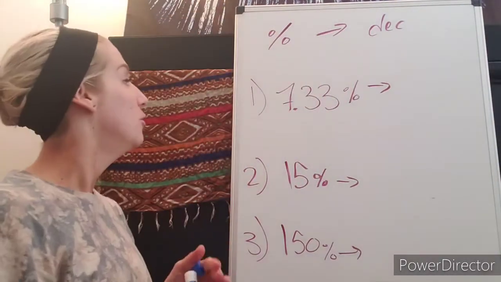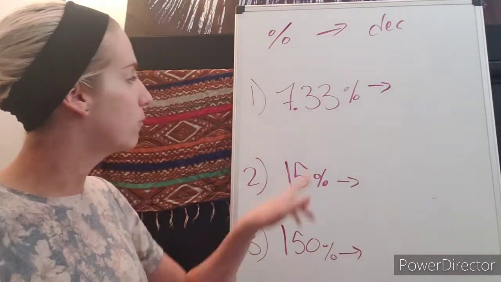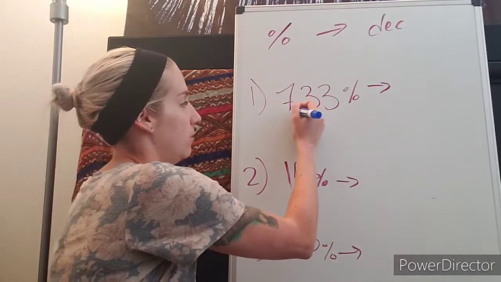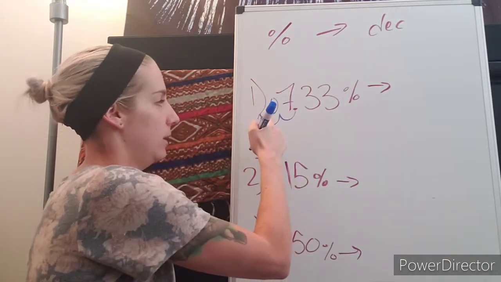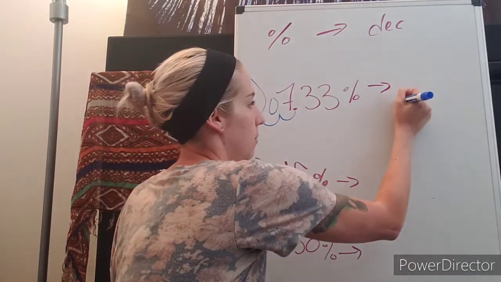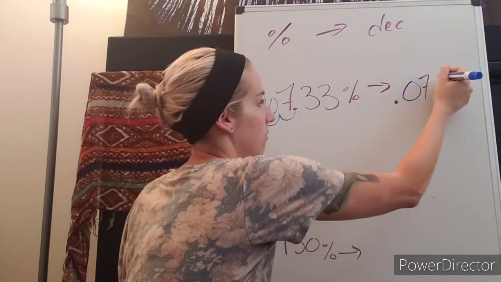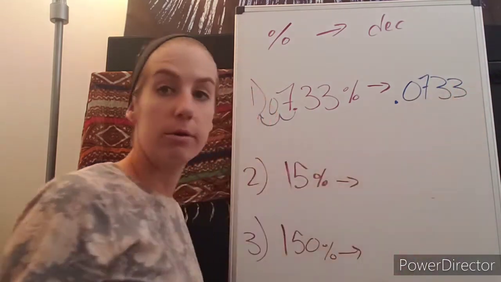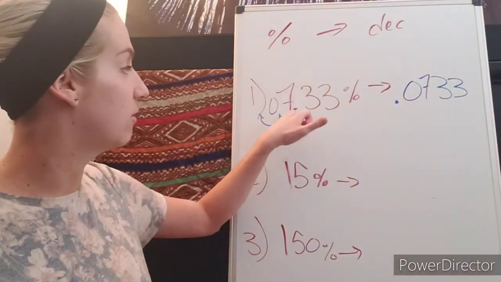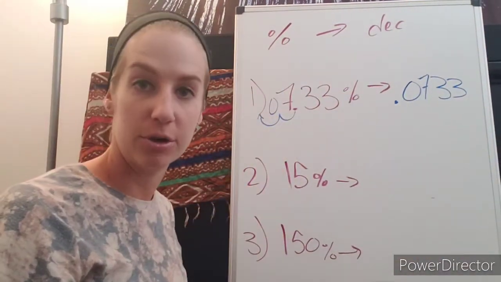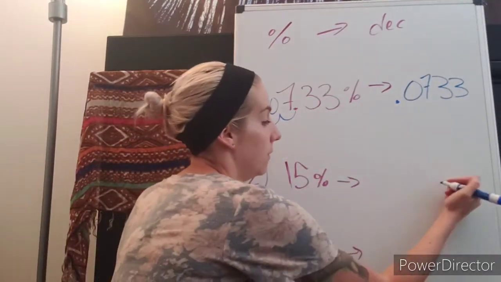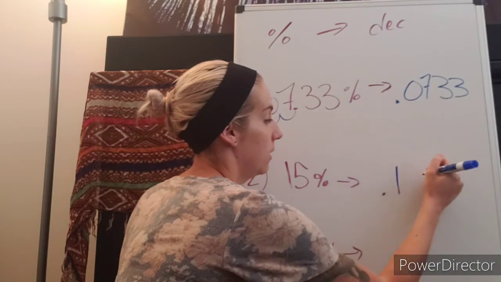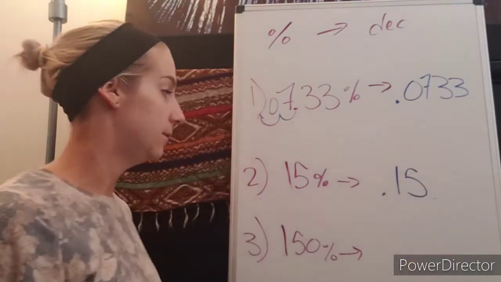All right. So for number 1, if I moved this 2 spaces to the left, I would have a 0 in here, and this would become 0.0733. And you would have gotten the same answer if you had taken 7.33 and divided it by 100, okay? So that's my answer as a decimal. For 15%, that is going to become 0.15, all right?